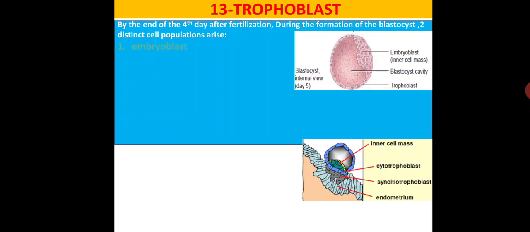Number 1 is the embryoblast, and number 2 is the trophoblast. Here in this image you can see the blastocyst. In the blastocyst the outer covering layer is the trophoblast, the inner cell mass is inside, and between the two is the blastocyst cavity.